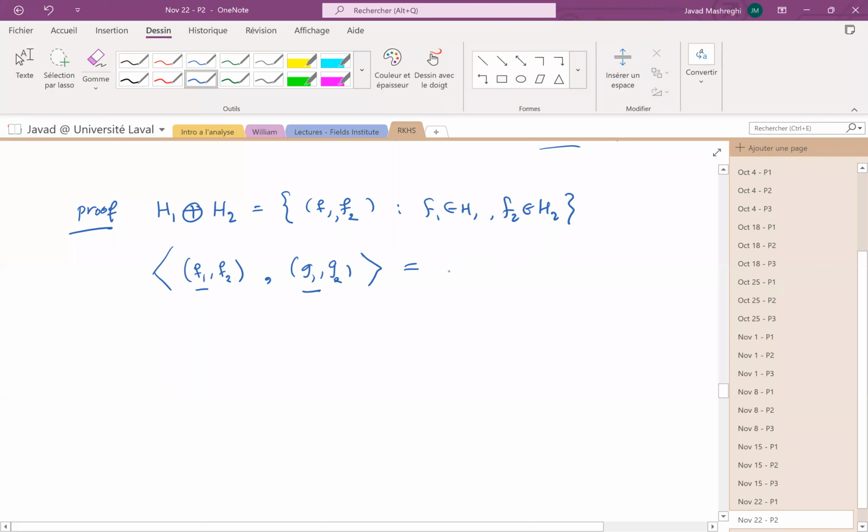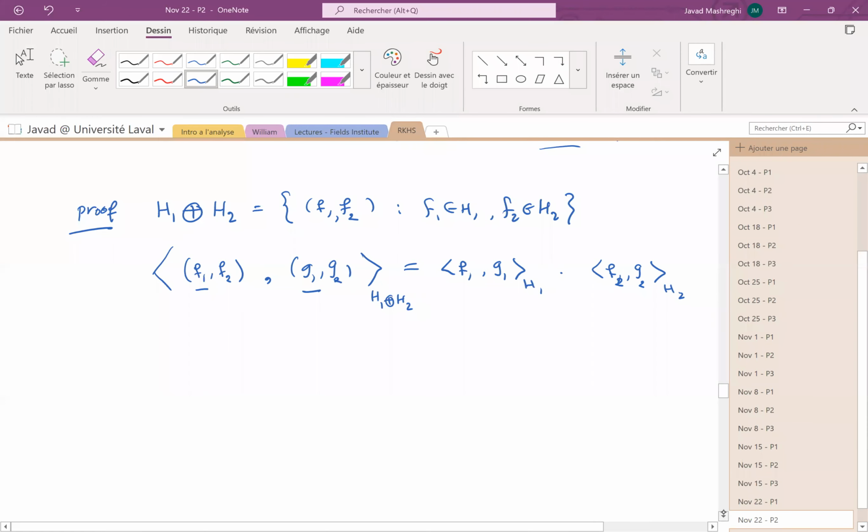F1 with G1, they are in the space H1, and F2 inner product with G2, they are in H2. And this gives the inner product in the direct sum.